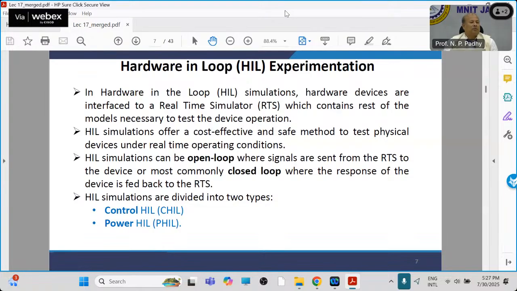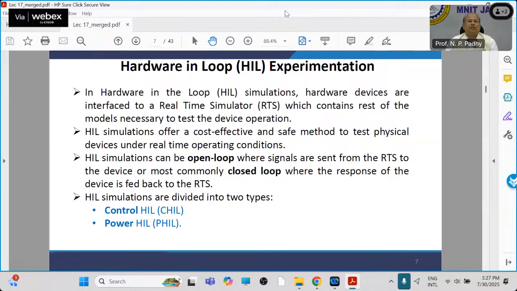I want to know how my physical hardware device is going to operate in real time. So tomorrow, if I put a battery in a real distribution system, how it is going to perform in real time can be experimented in the laboratory through hardware in loop simulation.